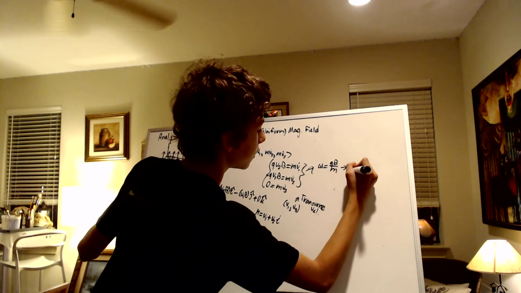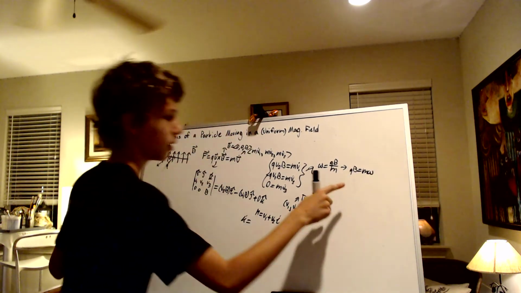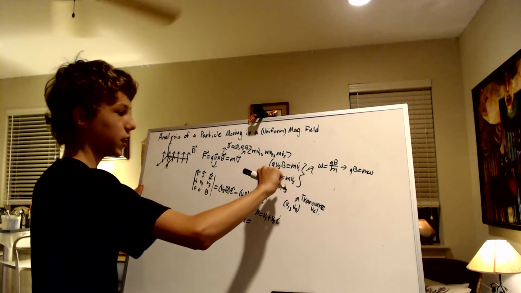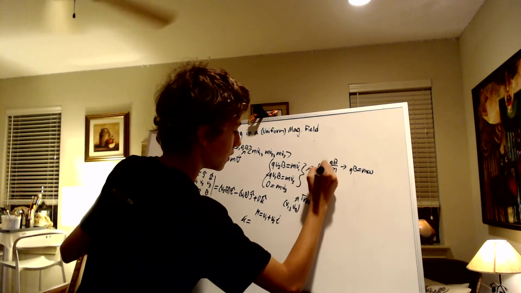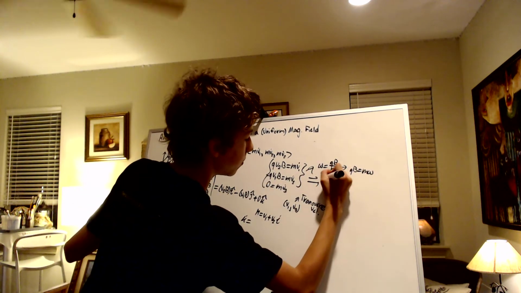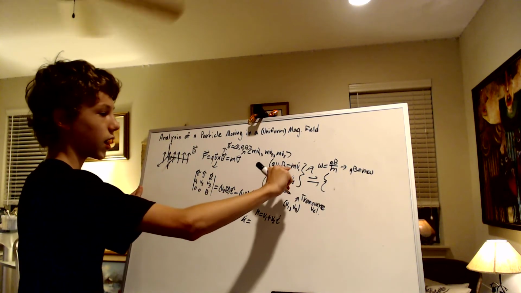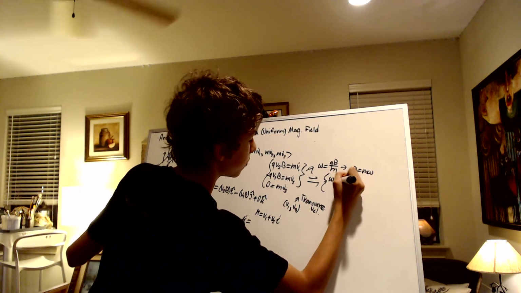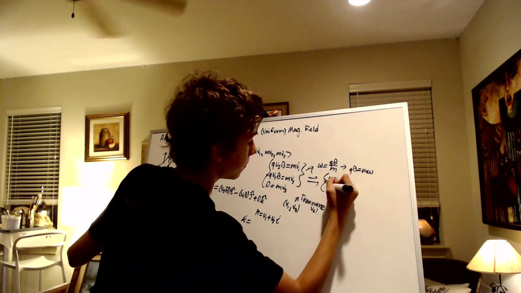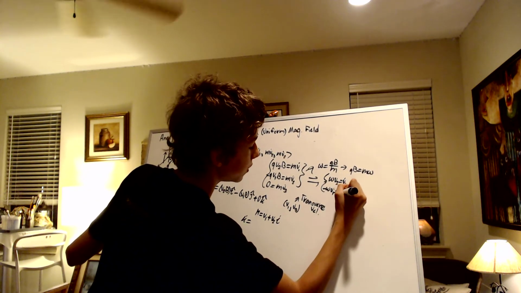And that implies that qb is equal to m omega. So if we plug that in, our m's will cancel and we get omega v2 equals v1 dot. And here we get minus omega v1 equals v2 dot.